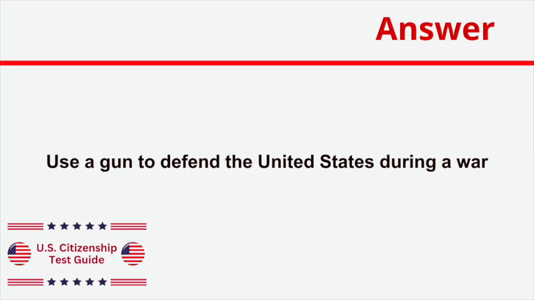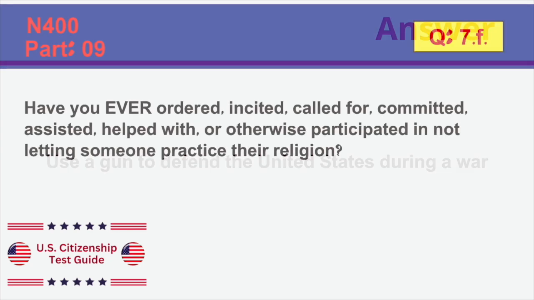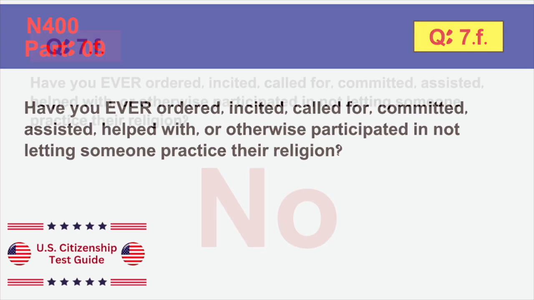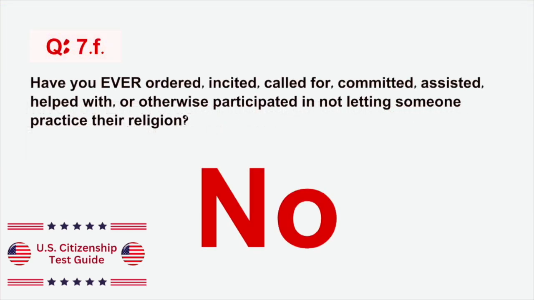Use a gun to defend the United States during a war. Have you ever ordered, incited, called for, committed, assisted, helped with, or otherwise participated in not letting someone practice their religion? No.